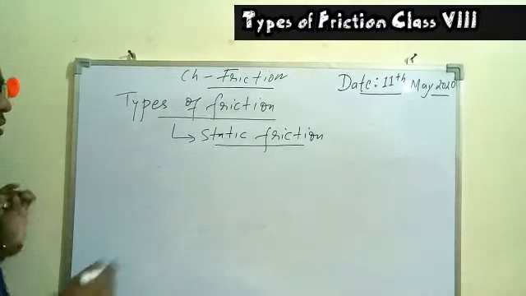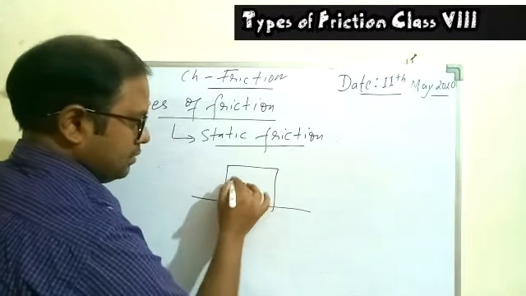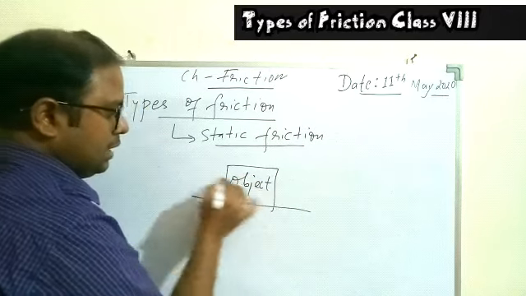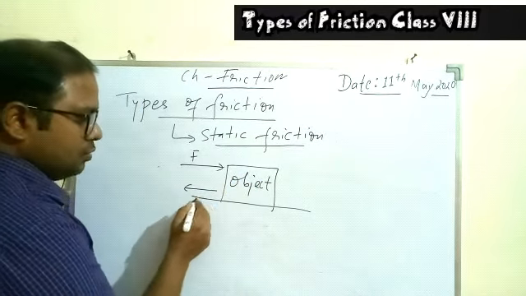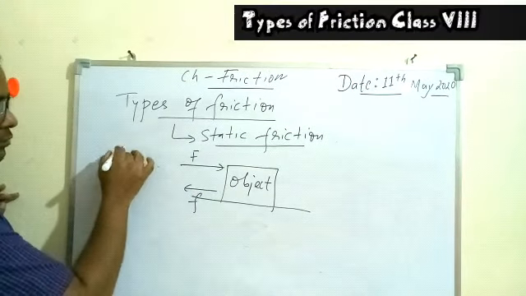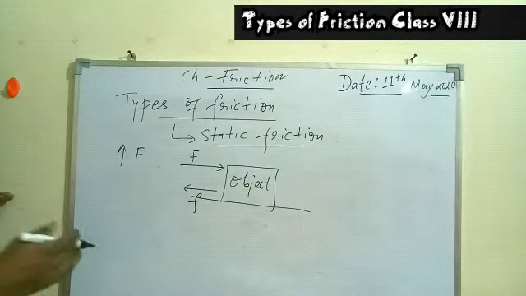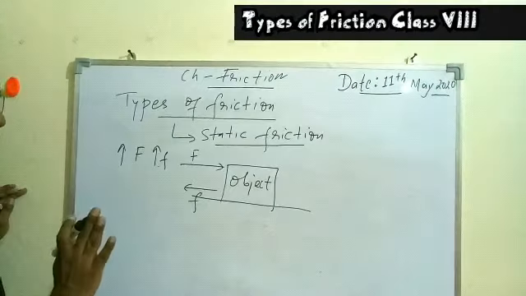One more thing you should know is that if we have the object and you start applying the force, the friction will start acting. So at the beginning, when you increase the applied force, the friction will also increase in the backward direction.